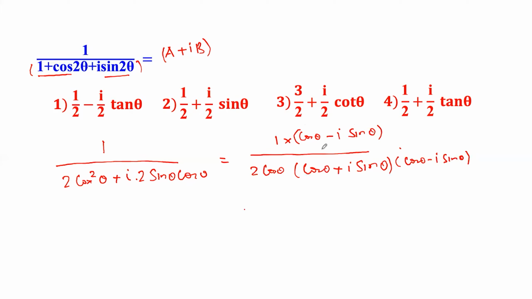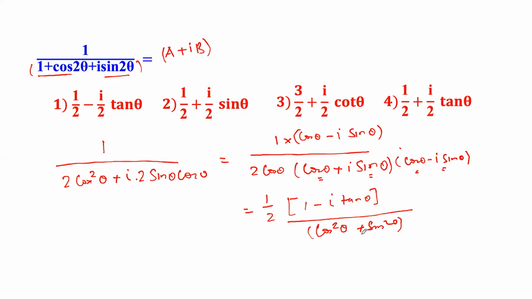we know that this will be 1 by 2 cos square theta, into 1 minus i tan theta, upon (a plus b) into (a minus b), or Z Z bar. We know that it is mod Z square, which means cos square theta plus sin square theta, and you know the basic formula that sin square theta plus cos square theta is nothing but 1 only.